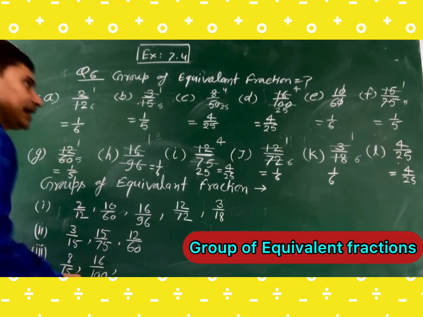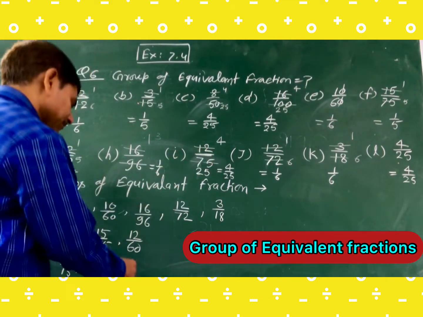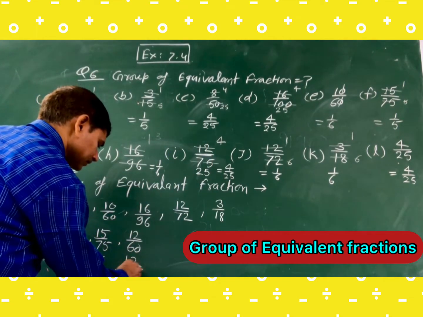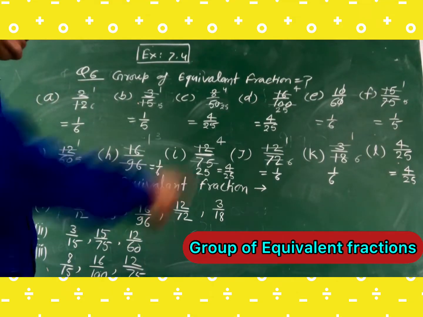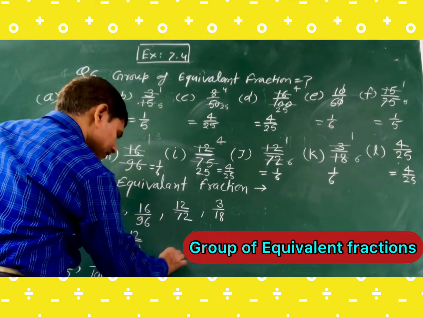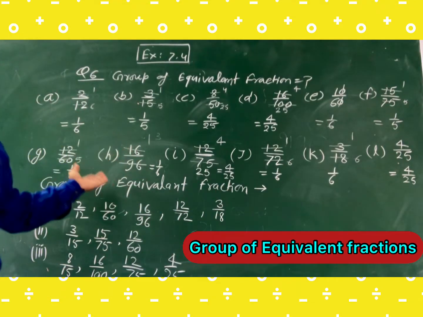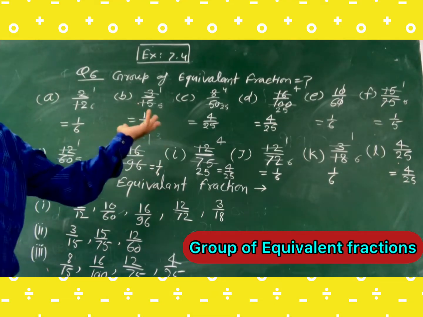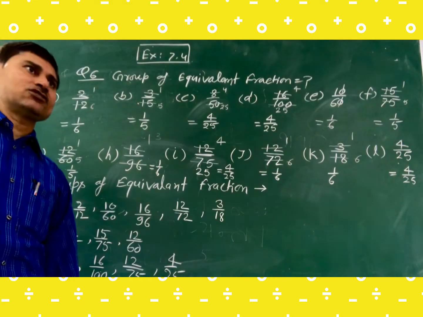And after that 12 by 75. So this is the next equivalent fraction. And after that 4 by 25, this is also an equivalent fraction. Now is any other fraction remaining here? No. So these are the groups of equivalent fractions.